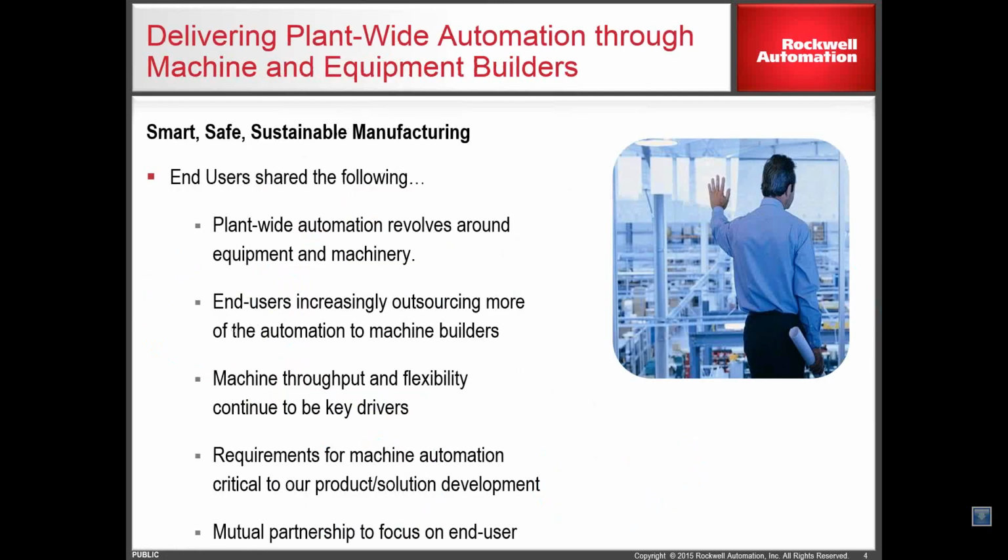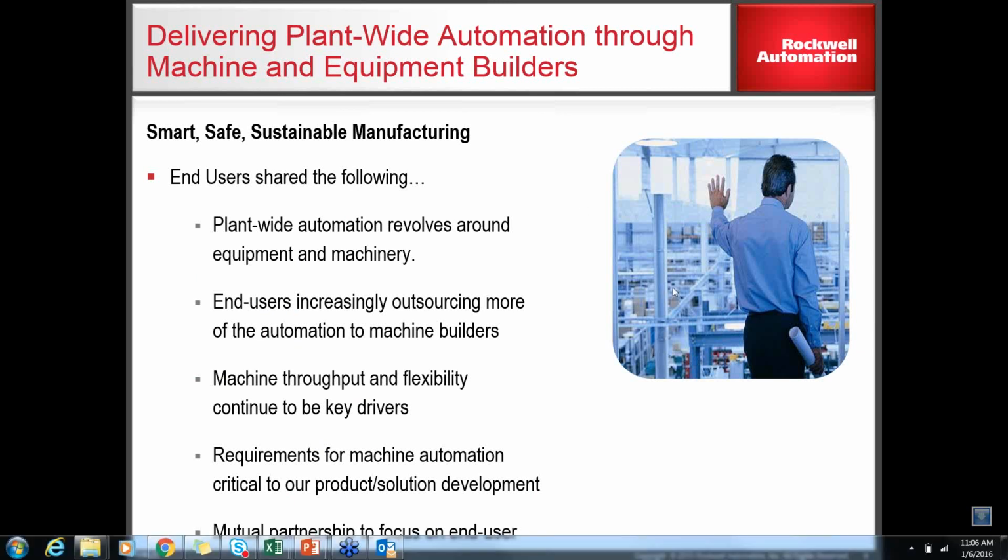Now, coming to the plant-wide automation, you have been hearing a lot of buzz around Industry 4.0, the smart manufacturing concept, revolving around the market, big data, and all that.